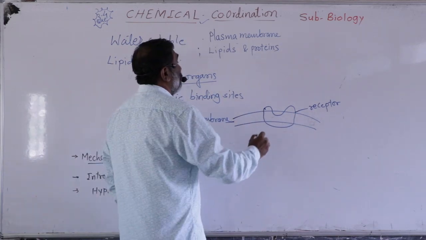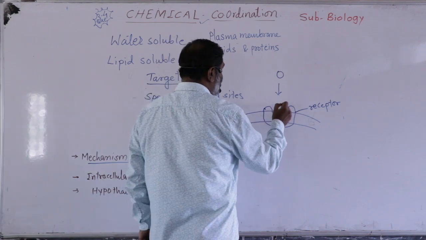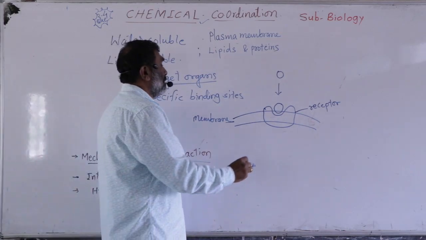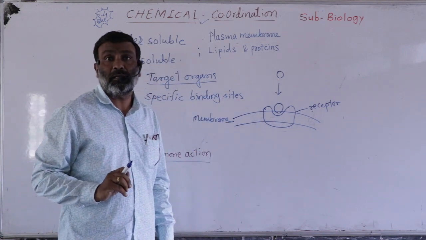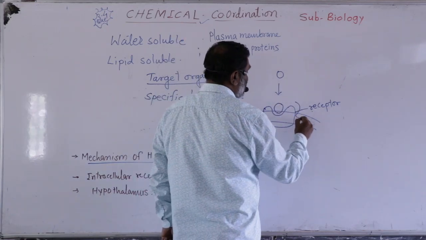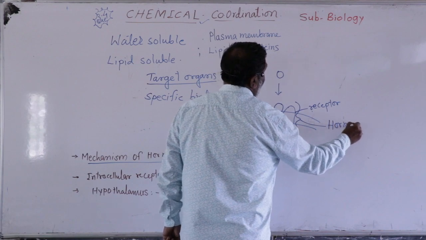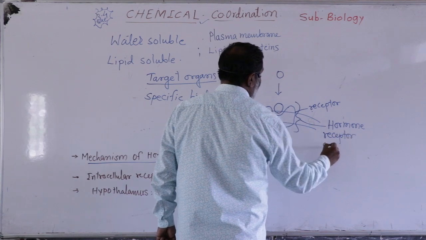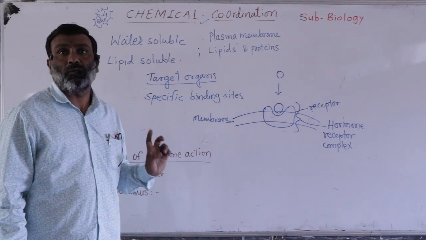Now what happens when the target molecule comes here? It gradually comes to the plasma membrane and binds to the receptor. Here a complex is formed, and this complete complex is now called the hormone receptor complex.